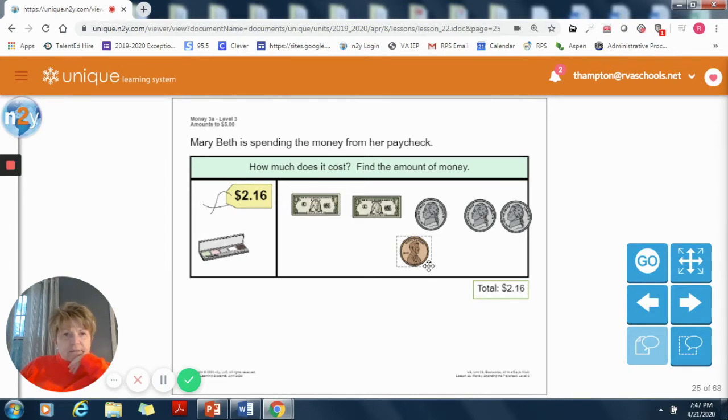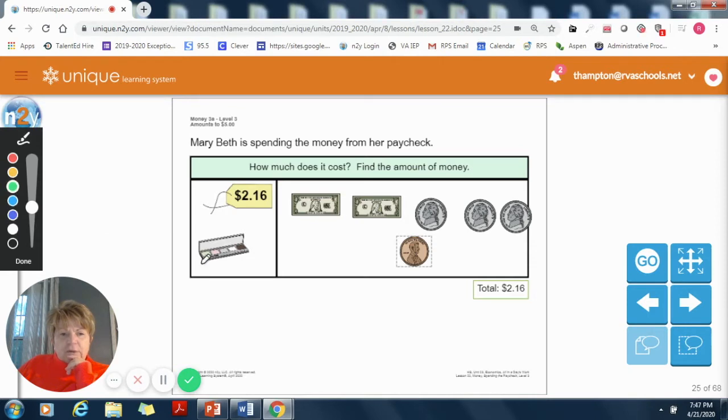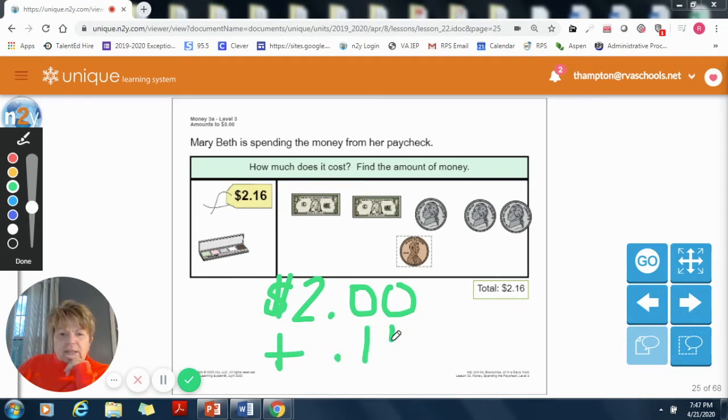So we have $2.16. Okay, excellent. Now, further down in lessons, we are going to look at actually breaking this apart. So if we have $2, our decimal point, our zeros, and our dollars, and we add a decimal point and 16 cents, then we know how we got $2.16, right?